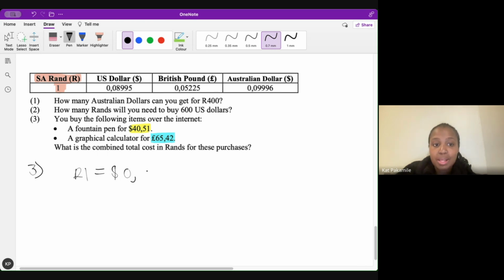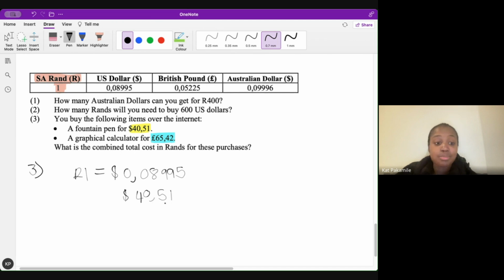It's 0,08995. And what were we given for the first one, the fountain pen, rands or dollars? We were given dollars. So this is gonna have to go that side, 40,51.